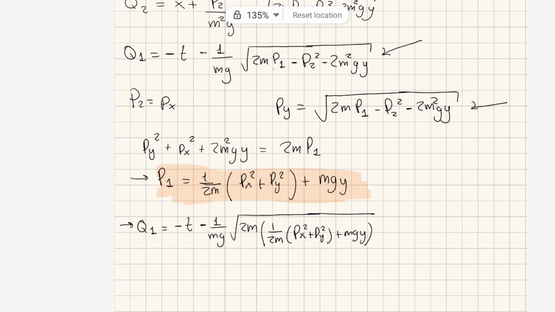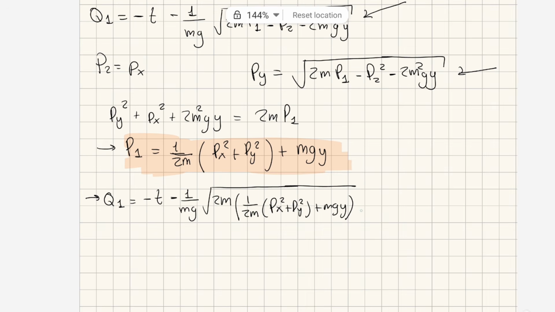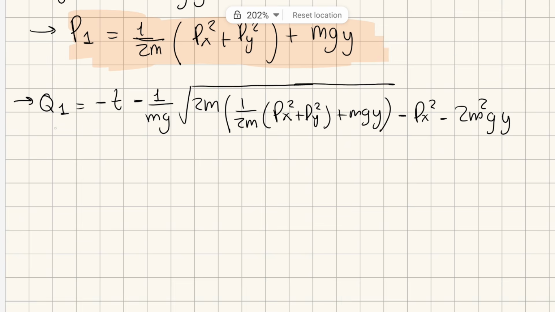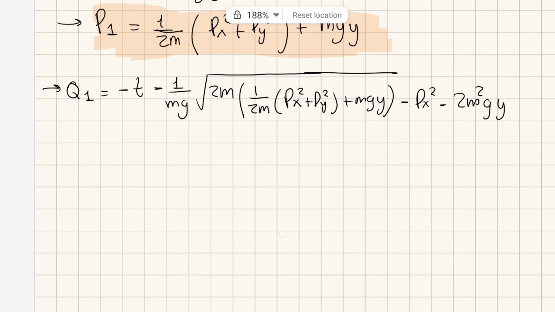So that is 2m p1, and then we will have minus p2 squared, but p2 is px, so px squared minus 2m squared gy. Recall that for now, this function q1 is already a function of the generalized coordinates and the conjugate momenta little p and little q.